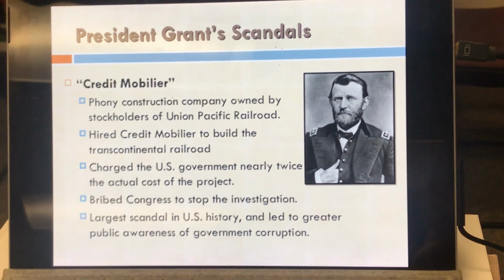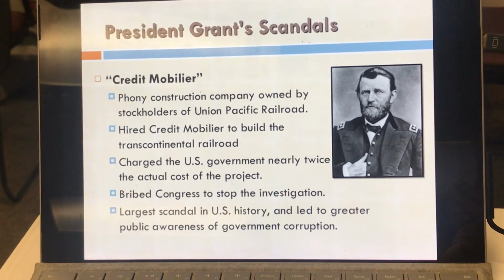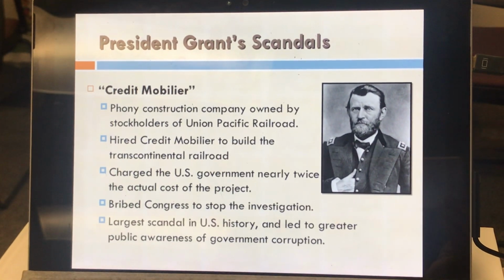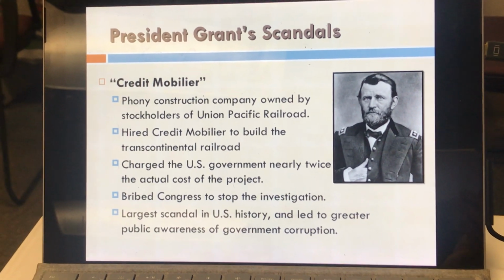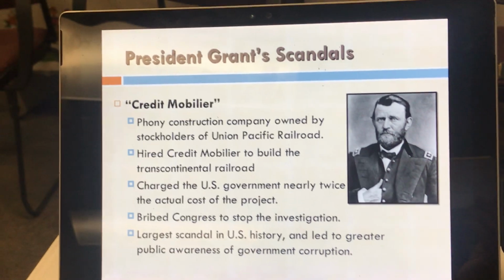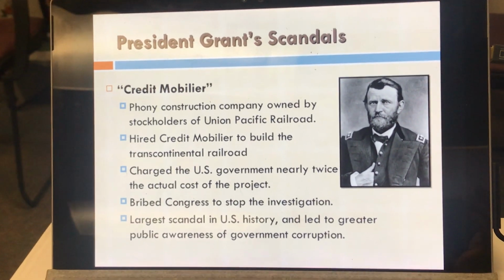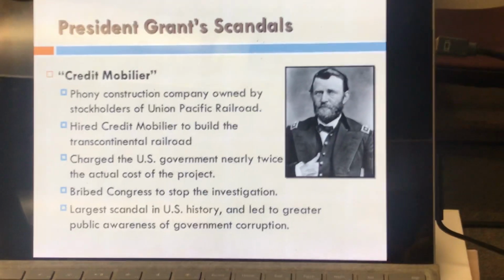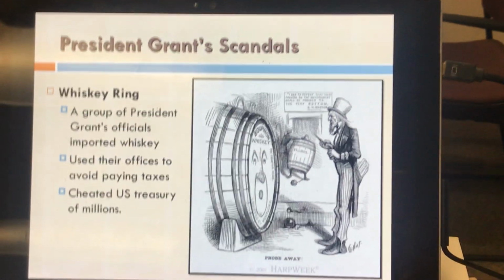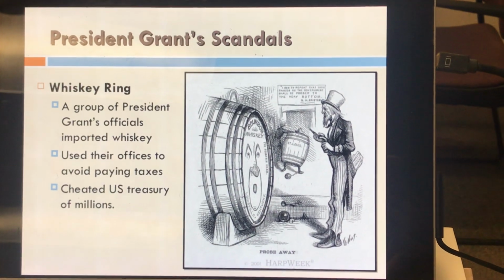They charged the government about twice as much as what the project actually cost. They tried to bribe Congress to stop the investigation, and it wound up being the largest scandal in U.S. history, but it led to greater public awareness of government corruption. So it ended up at least doing some good.